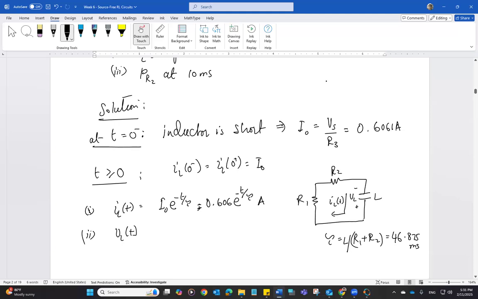When we established the relationship of the voltage and current for the inductor, the voltage is L di over dt if the current is entering on the side where the voltage is positive. If the current is leaving the side where the voltage is positive, then you will have to write down negative L di over dt.